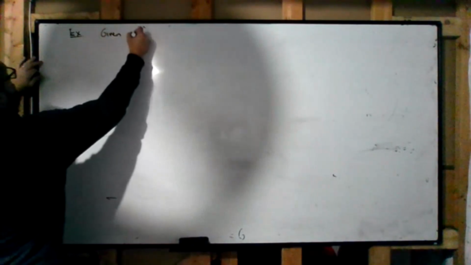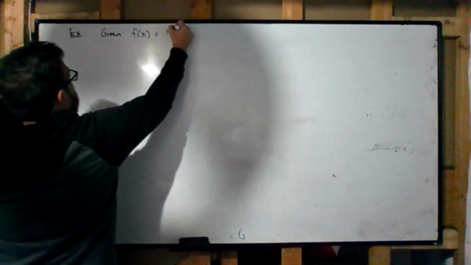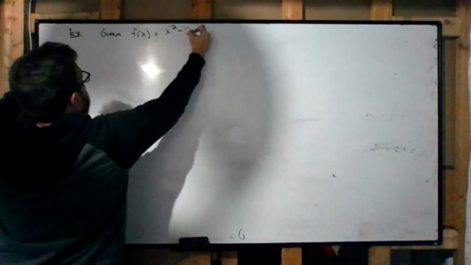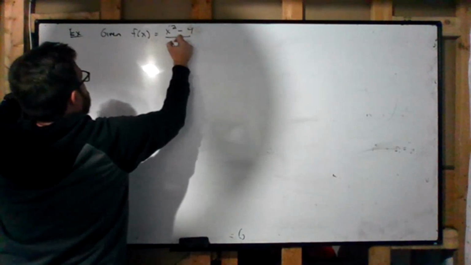So, example, given f of x is equal to, let's say, x squared minus 25. No, let's make it smaller. x squared minus 9 all over x minus 3. Classic.